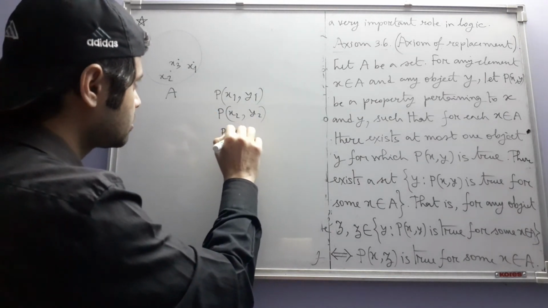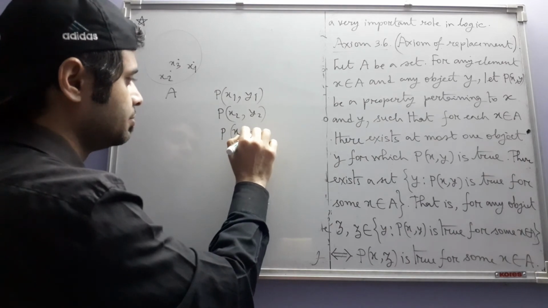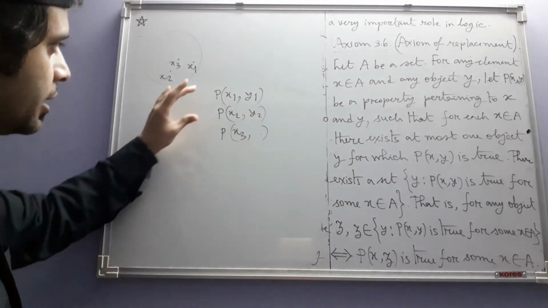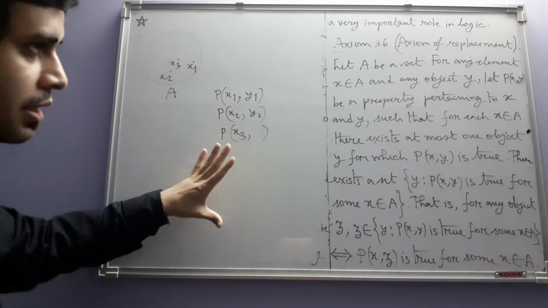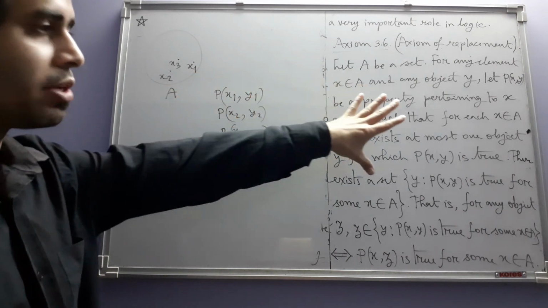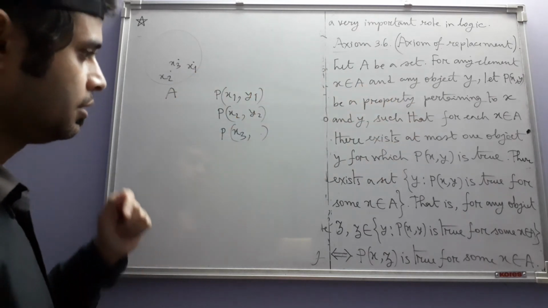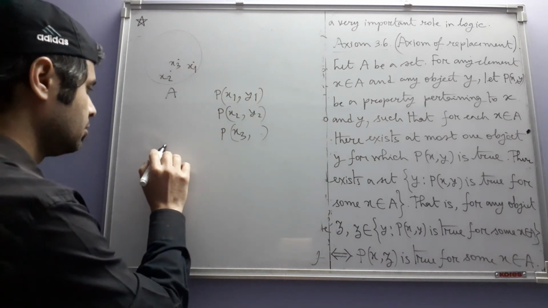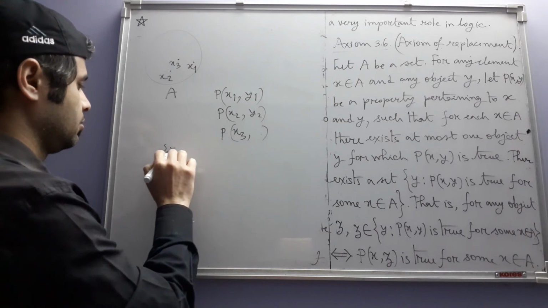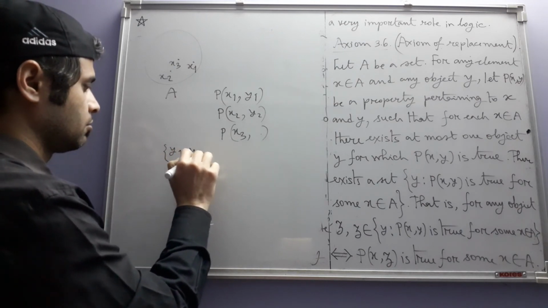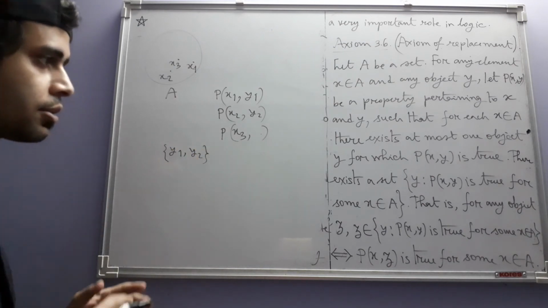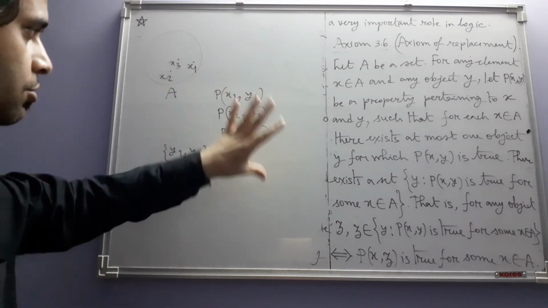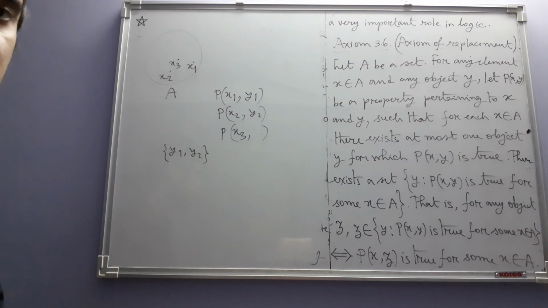For x3, suppose there is nothing for which this is true. Then this P, whatever it may be, satisfies the hypothesis. Then the axiom says that the collection of those objects y for which this is true is a set.